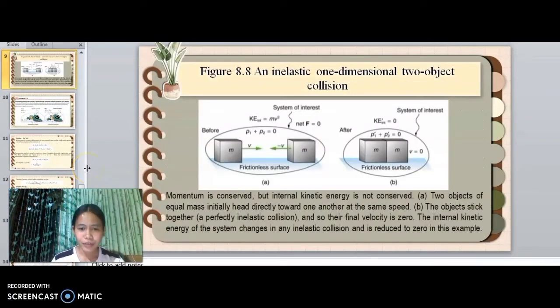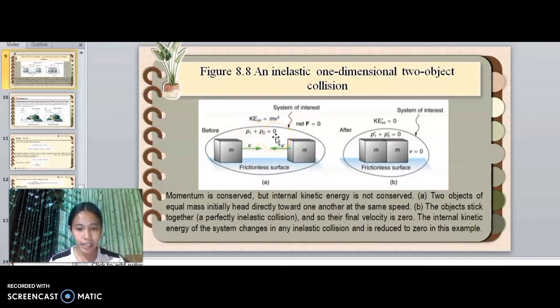Now, in figure 8.8, an inelastic one-dimensional two-object collision, we would see that before, our first object is heading forward and our second object is heading backwards for a collision. So that would be P1 plus P2 equals 0.